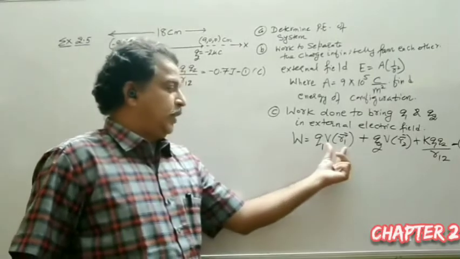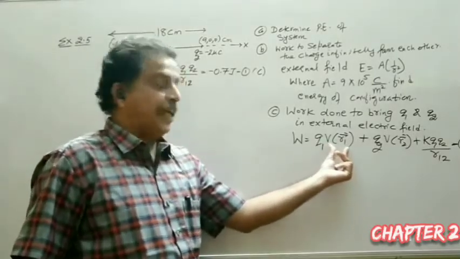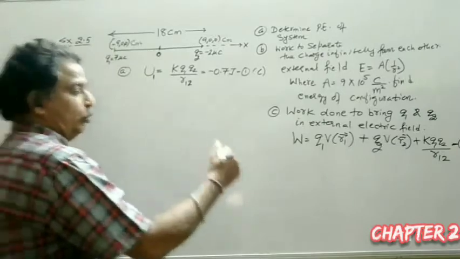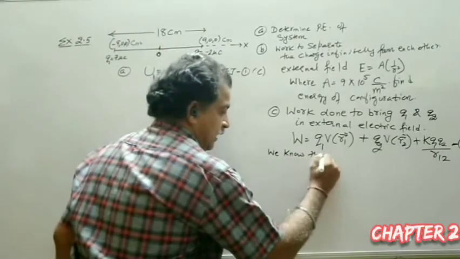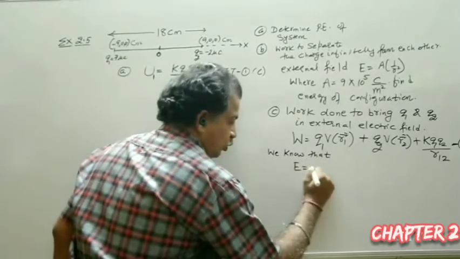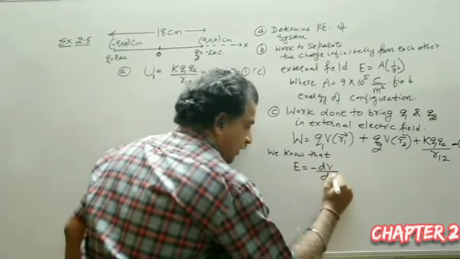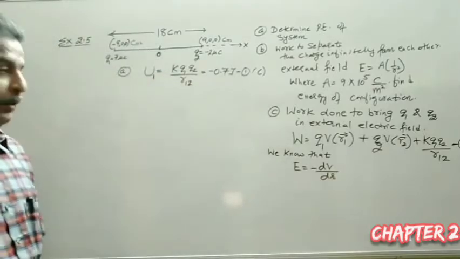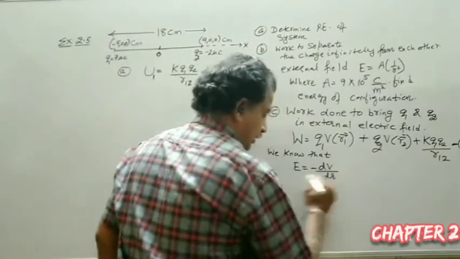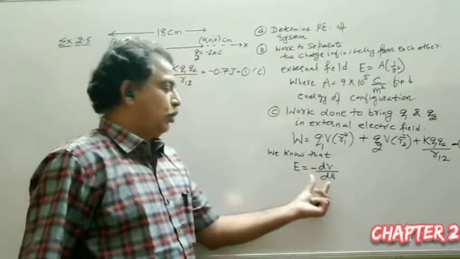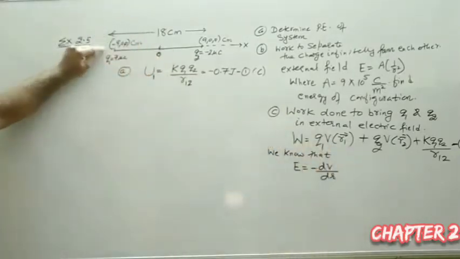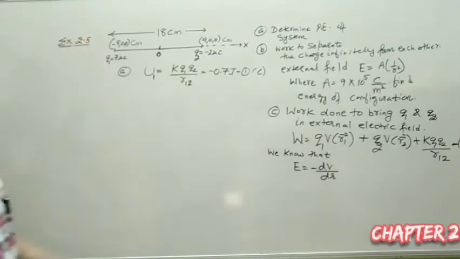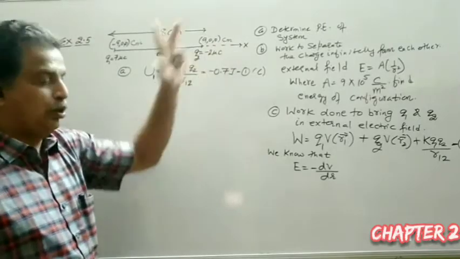Now let us find out the term VR1. Now you have to apply the relations. We know that E is equal to minus dV by dr, and this is the general formula. So I have to find out the potential at R1. R1 means it is minus 900 centimeter, R2 means 900 centimeter.